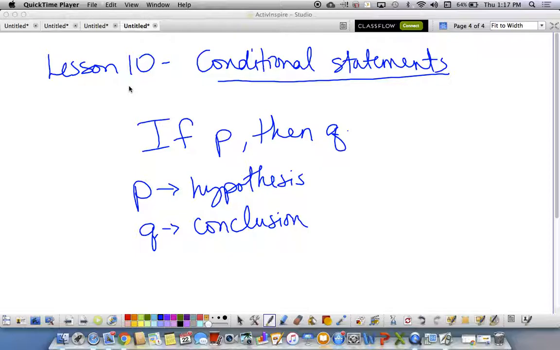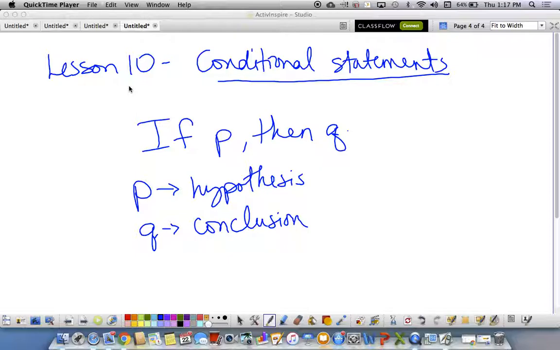Somewhere you've seen lots of conditional statements. Sometimes we call them if-then statements. If this, then this. Where have you seen some of those? Science. Hypothesis. Logic. Now math.